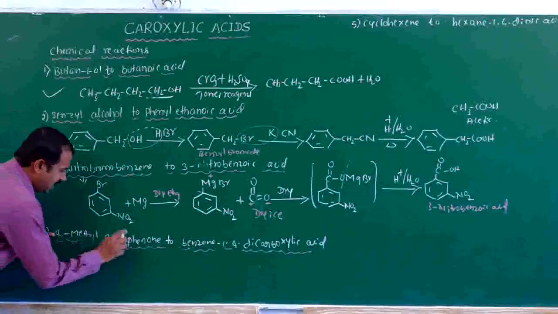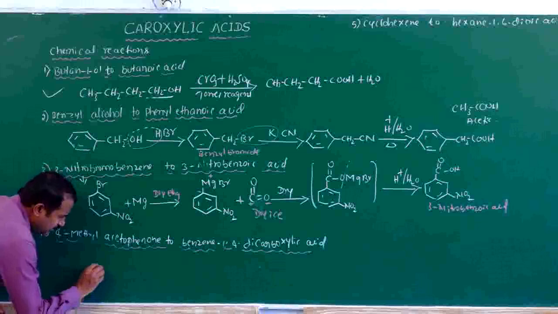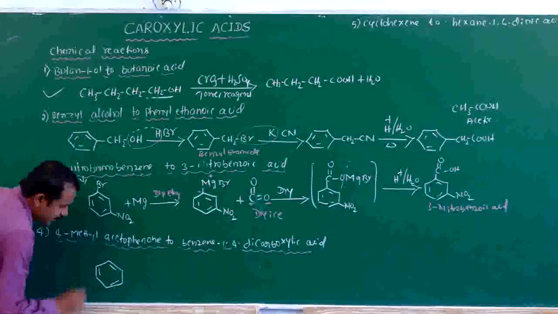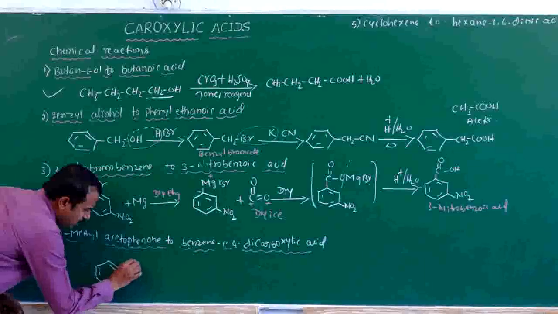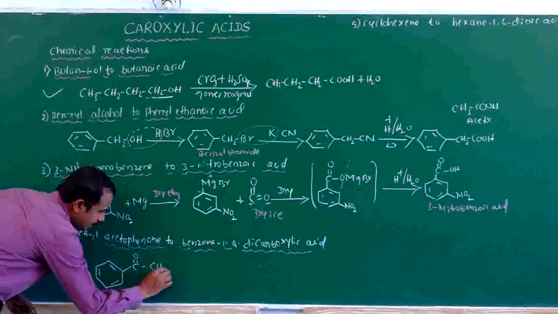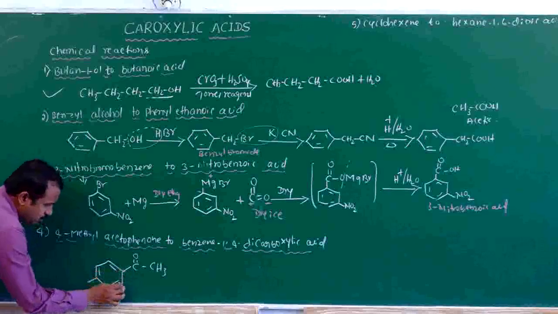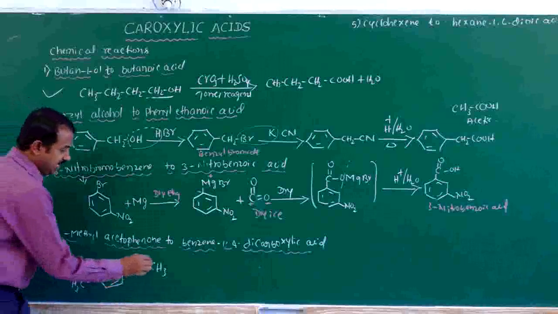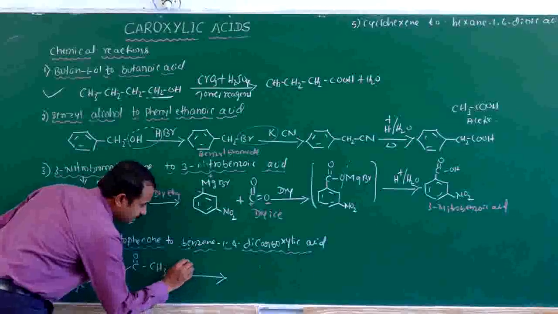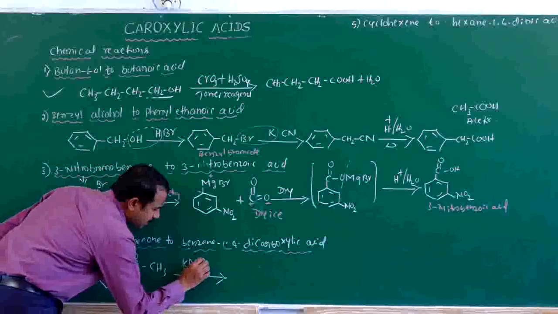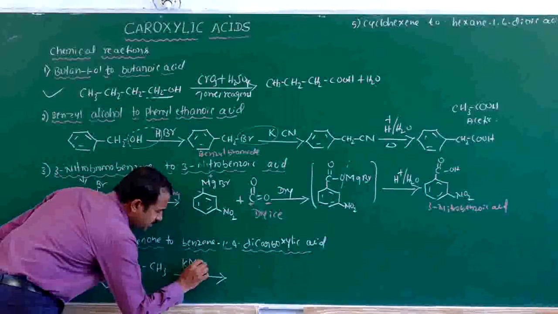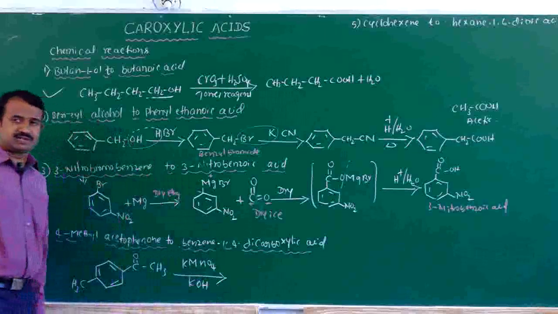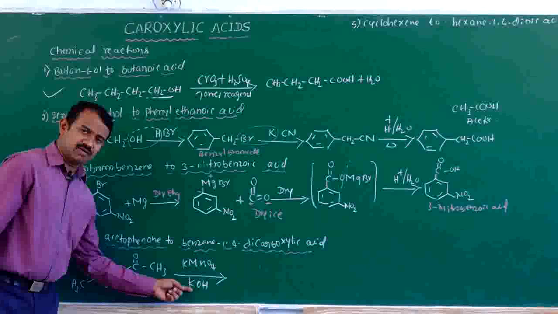Here 4-methyl acetophenone, 4 means 1, 2, 3, 4. 4-methyl acetophenone is oxidized with alkaline potassium permanganate in the presence of potassium hydroxide. Alkali means potassium hydroxide.